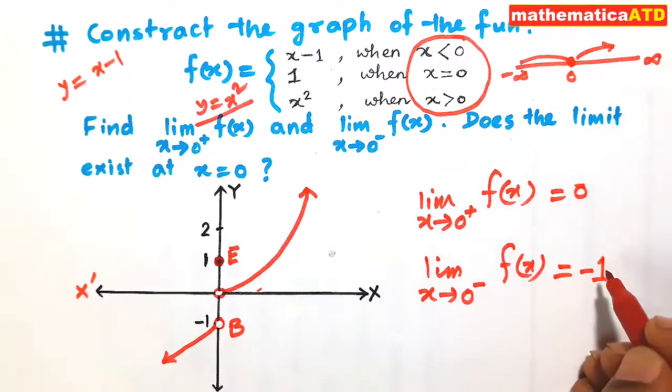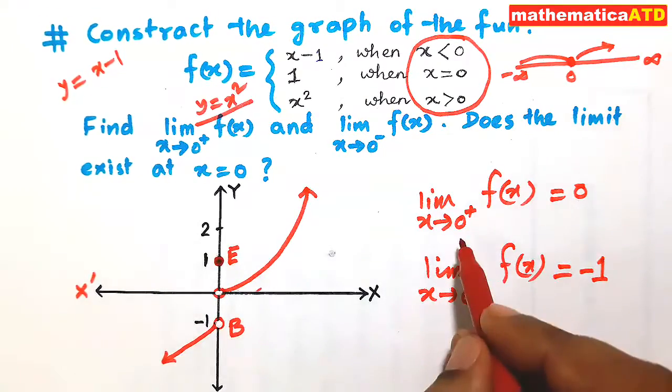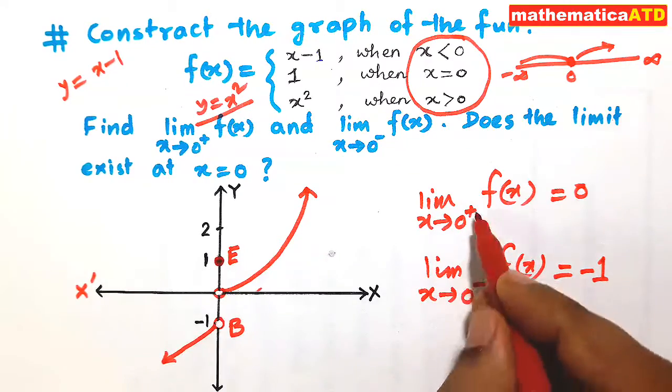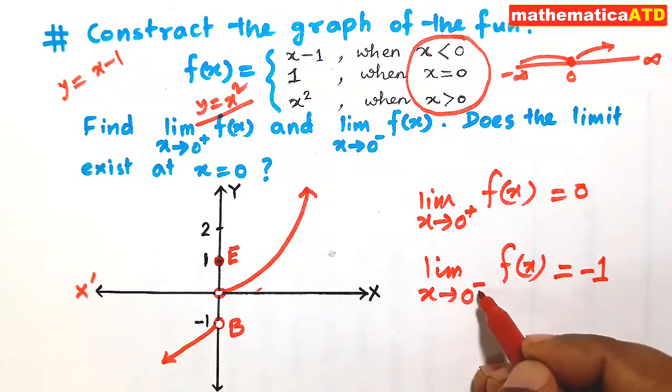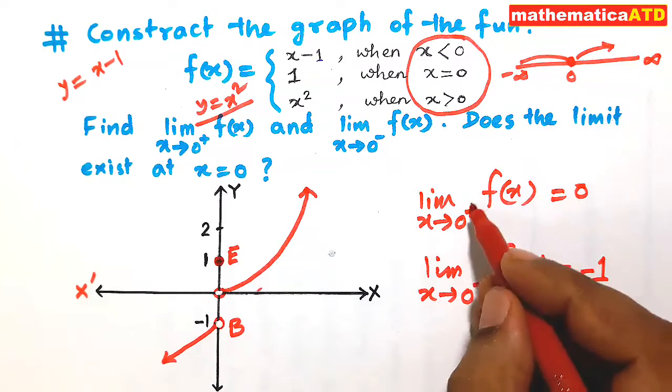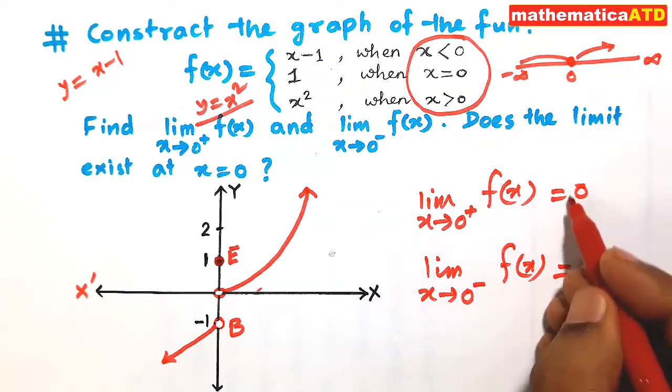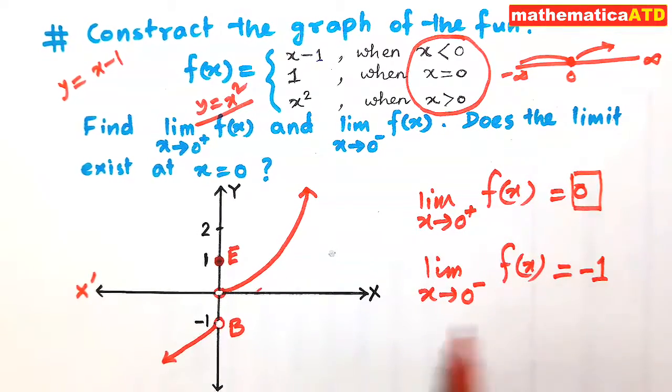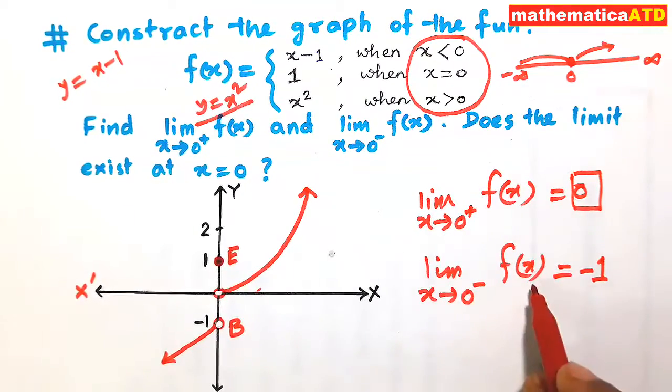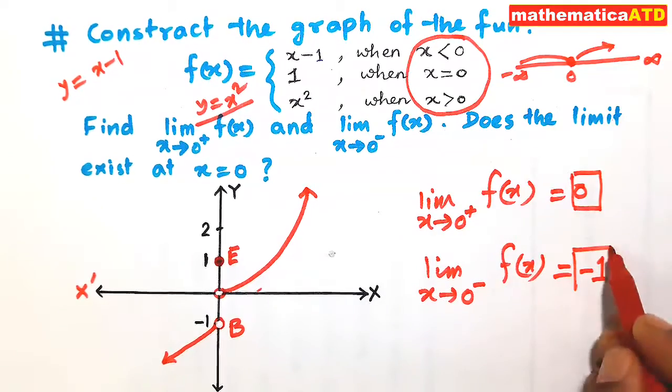So friends, this is very important. Actually we are proceeding to 0 from right or left. When proceeding from the right side of 0, we get the limiting value 0. When proceeding from the left side of 0, the limiting value is minus 1.